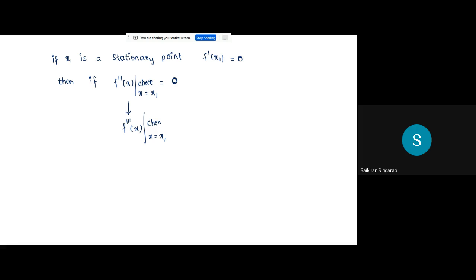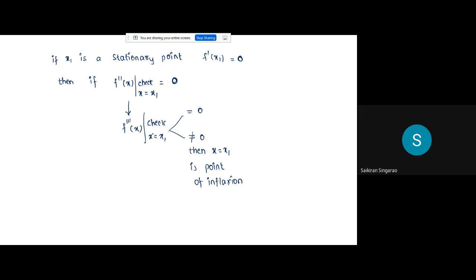You check this. Now, it could be 0, it could not be 0. If it is not 0, then x equal to x1 is called as point of inflection.